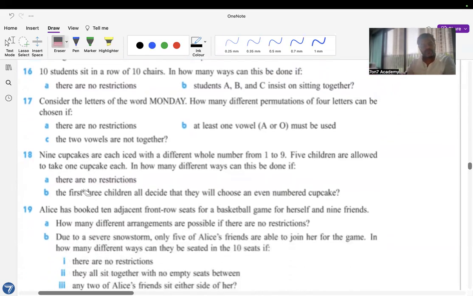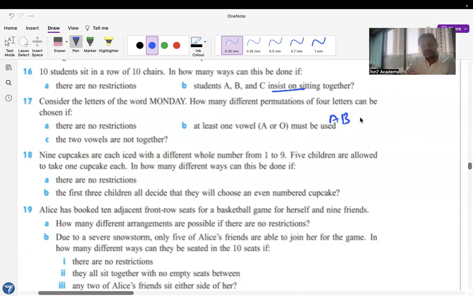Understand? Now, 16. 10 students sit in a row of 10 chairs. In how many ways can this be done? 10 students are there, so 10 factorial. Now the students A, B, C sitting together. If you want them to be together, what will you do?